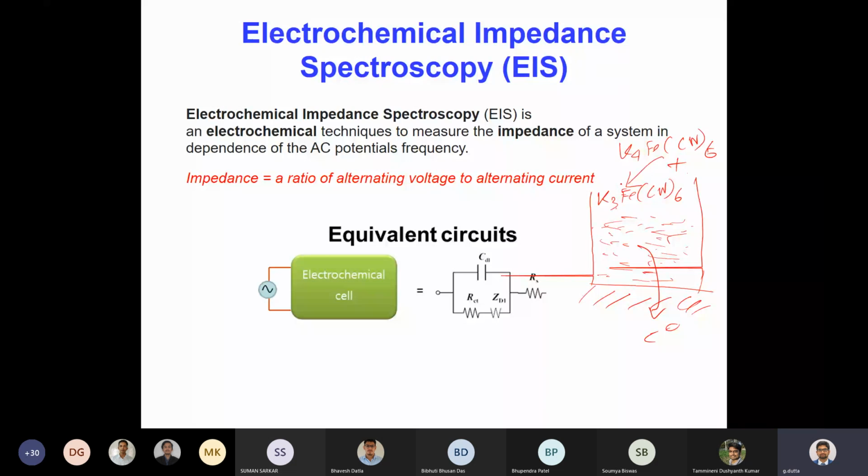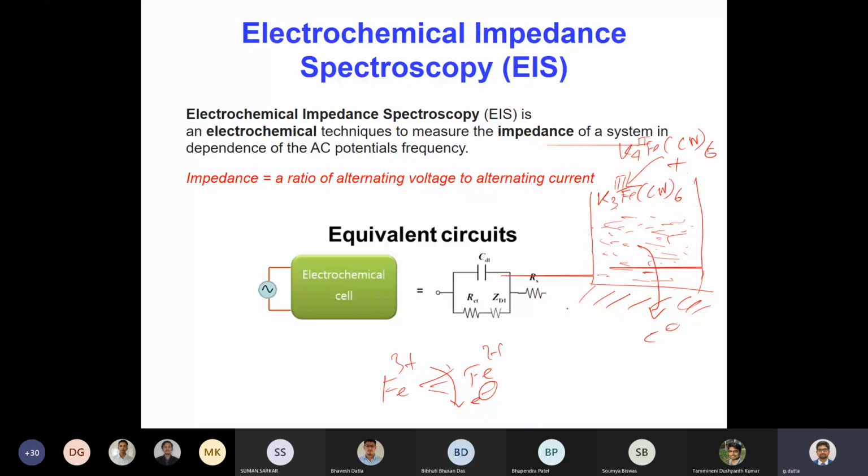Plus 3. And in K4Fe(CN)6, what is the oxidation state of iron? Plus 2, yeah. So we use a redox couple. Why do I say redox? Because Fe3+ and Fe2+ can be converted easily, so that electron transfer we will measure through the impedance spectroscopy.